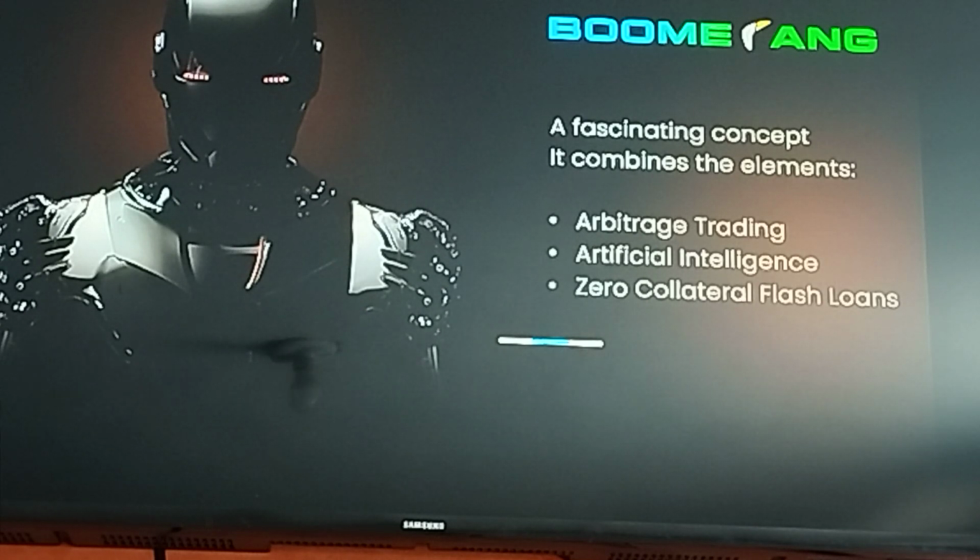On their own, not particularly unique, but Boomerang is the first place to bring these 3 things together in one place where we can all benefit from this modern technology, from areas of the finance world that we have never had access to before.